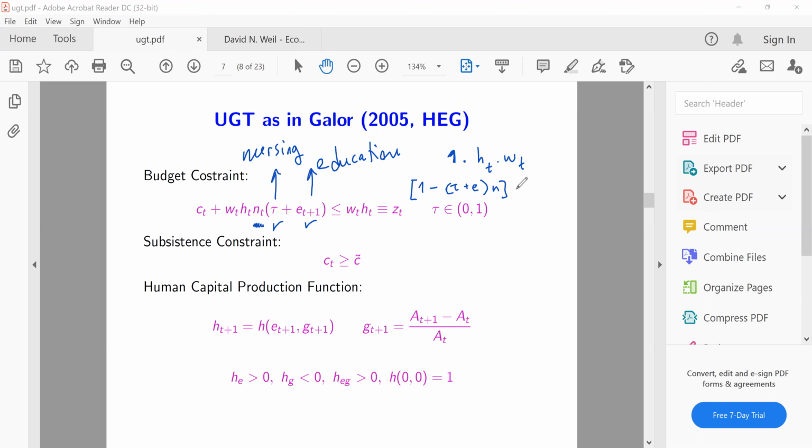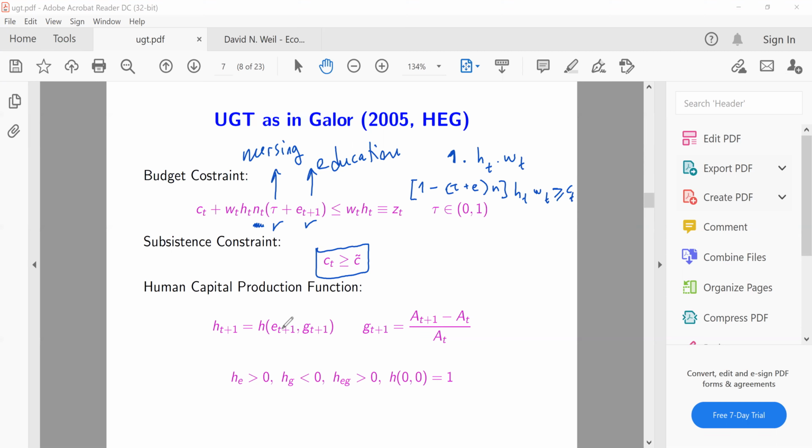Then this becomes your labor supply and this becomes your total earning. So you can imagine the constraint in this way as well. They're identical. And tau is between 0 and 1 because it is in terms of time. So this is the budget constraint, and this is the subsistence constraint. We already defined it.